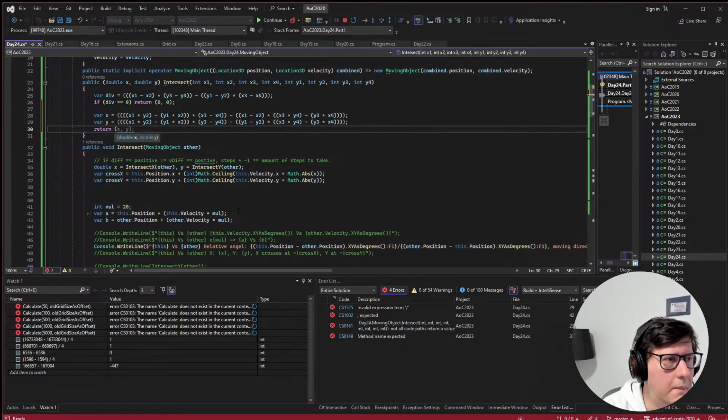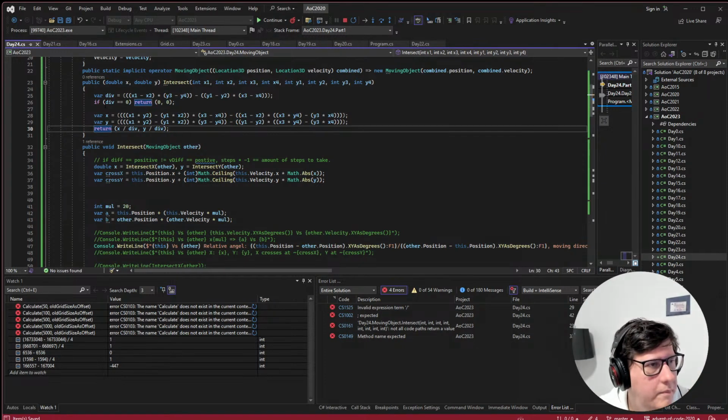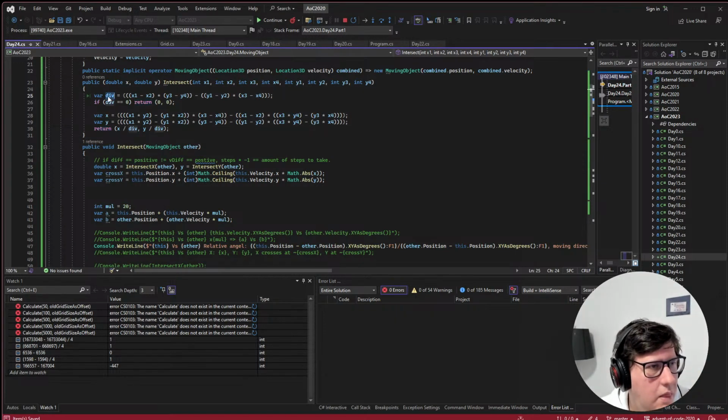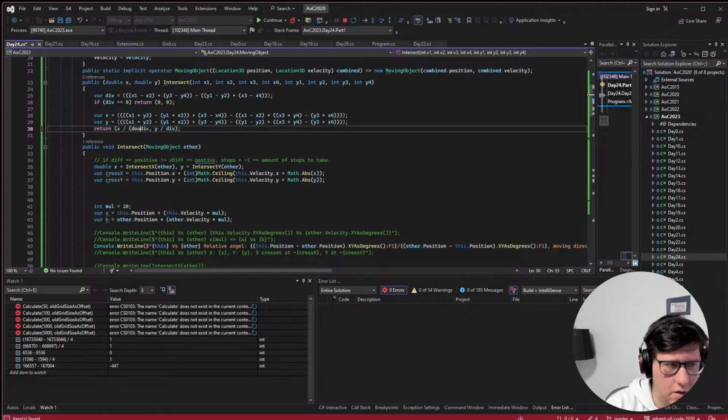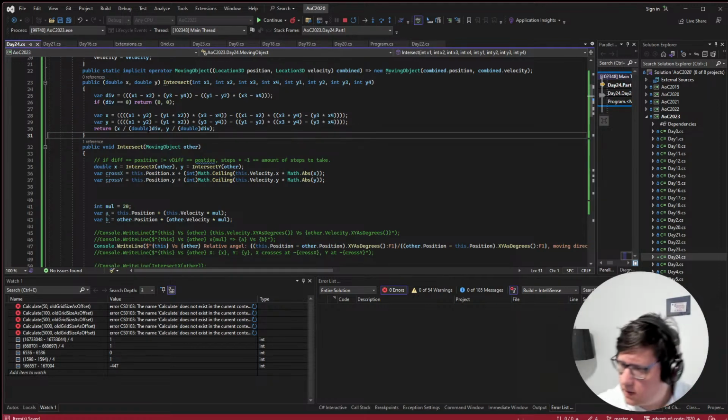Return x divided by div, comma y divided by div, something like this. And I need to make sure that I do this as a double here to make sure it doesn't become a fraction thing.